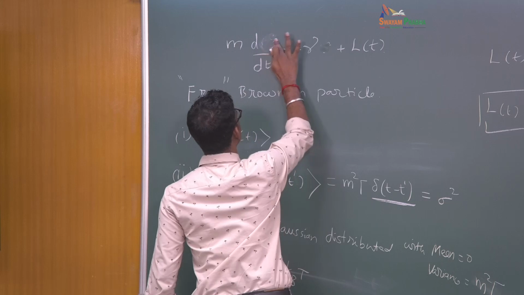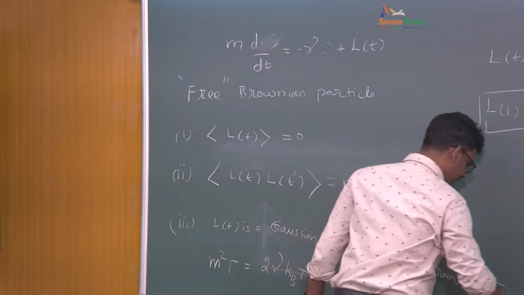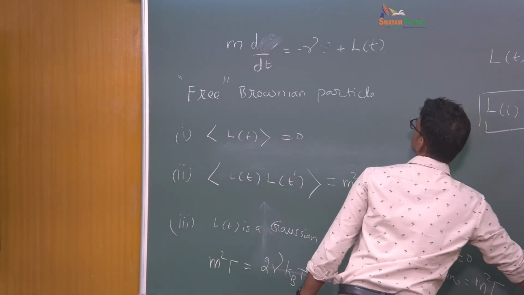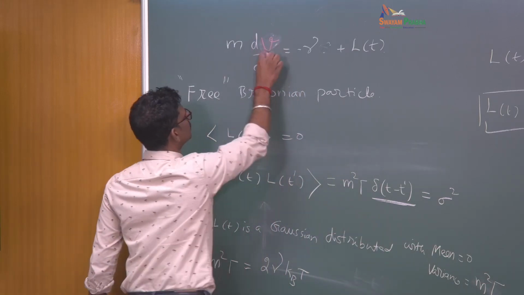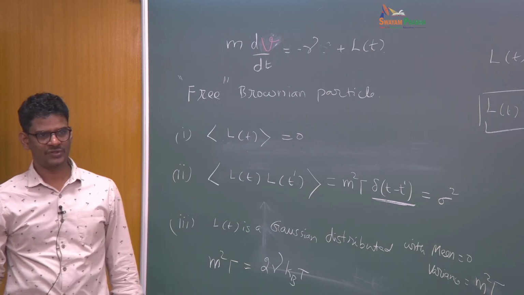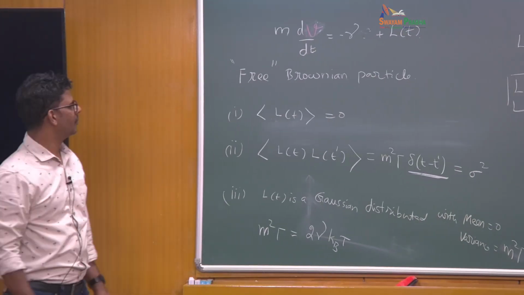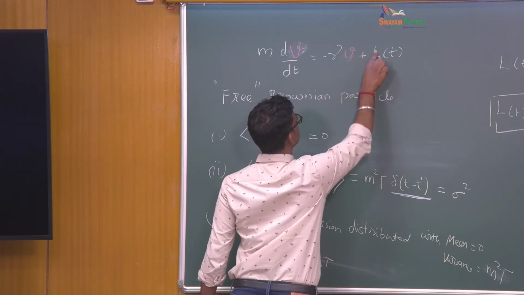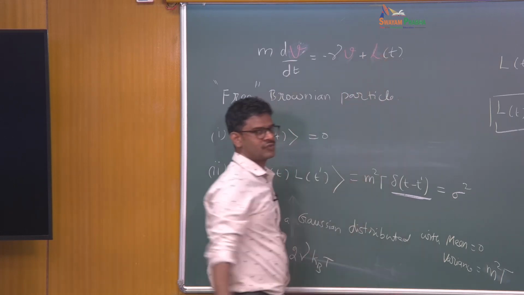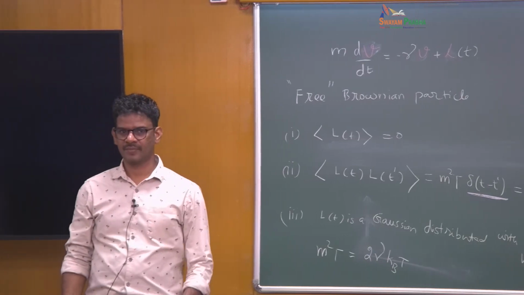Maybe I can use a different color. So this V becomes a 3-dimensional velocity having x, y, z components. So here also we will have this, and this also will become a 3-dimensional, 3-component quantity.